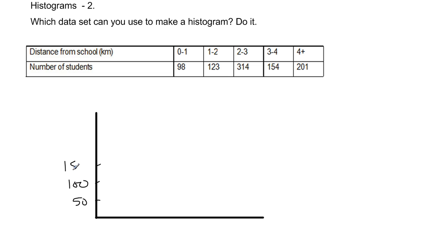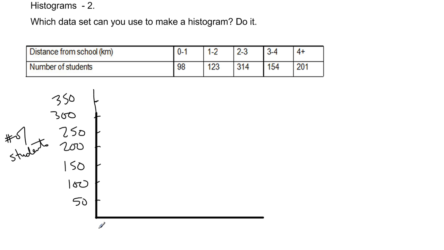All right, so 150, 200, 250, and then 300. And then always go up one value above wherever you're stopping. So 350. So I'll just continue that on like that. El cheapo. So this would be number of students.